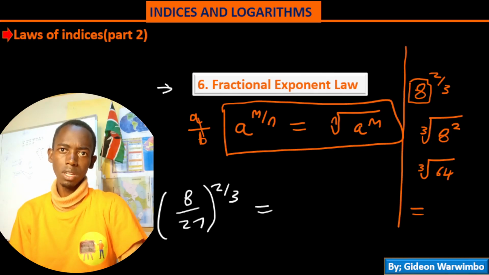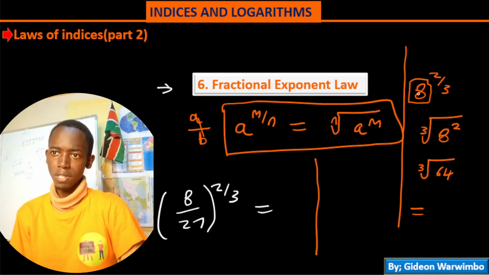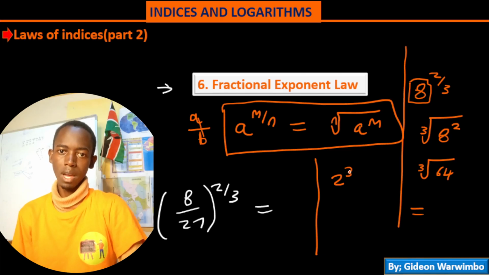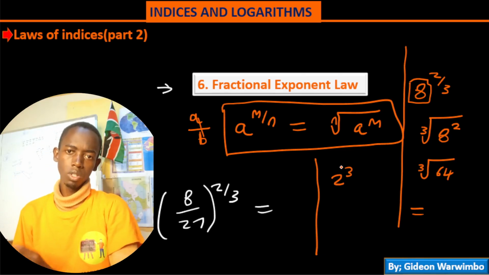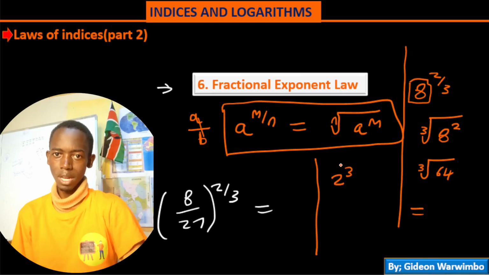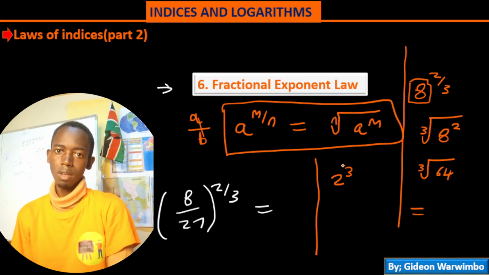Let's also tackle this in a different way and see whether it is going to give us the same result. Before we tackle this one, remember when we have something like 8, it is the same as 2 to the power 3. Now this is a different concept that I want to introduce, but we've already tackled that, to see how these formulas relate and connect.